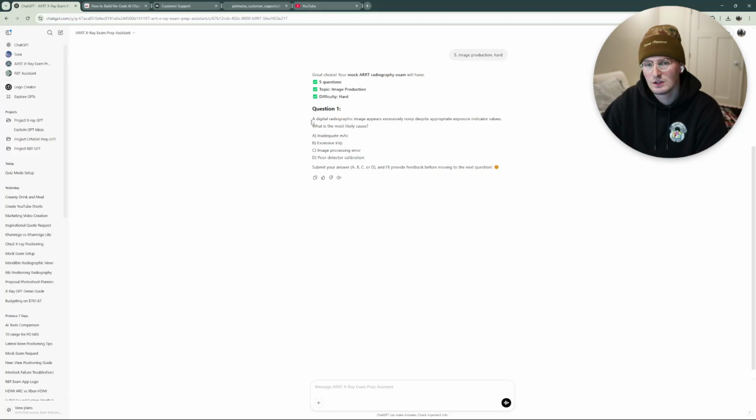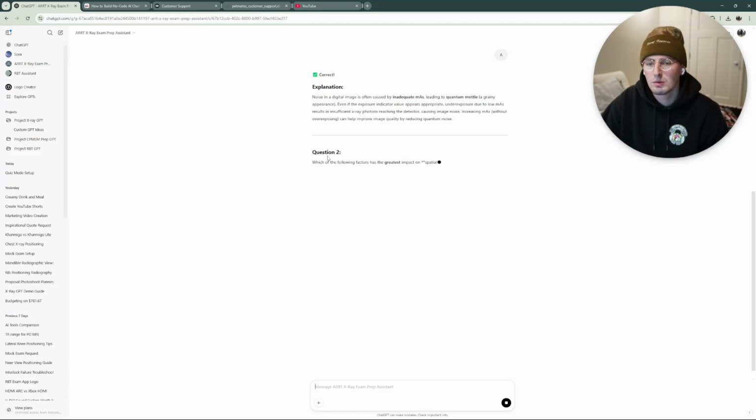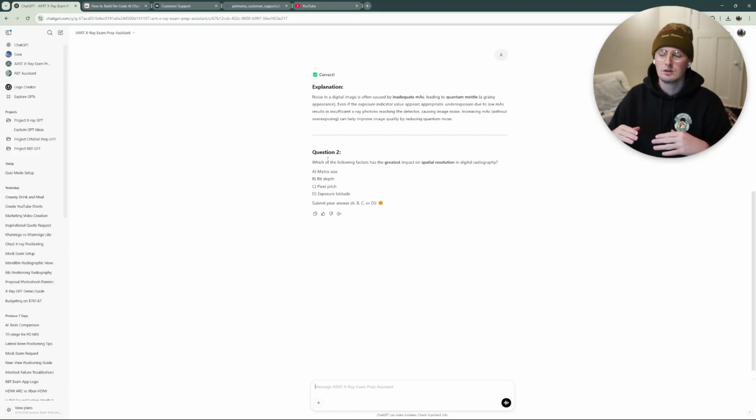The image is excessively noisy despite appropriate exposure indicator values; the most likely cause was inadequate mass. Boom. And then it gives you an explanation, and then goes right to the next question. And then at the end it'll tell you how many you missed, how many you made, and explain.